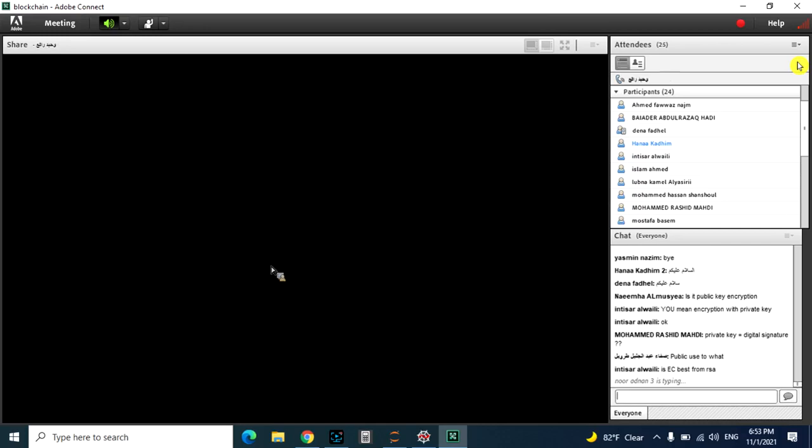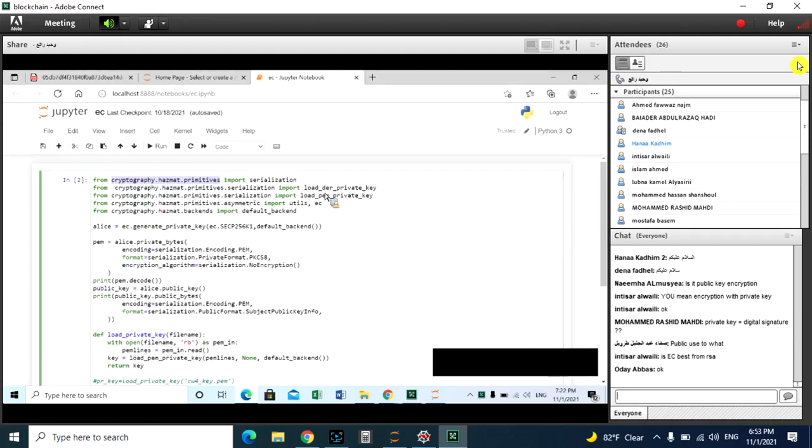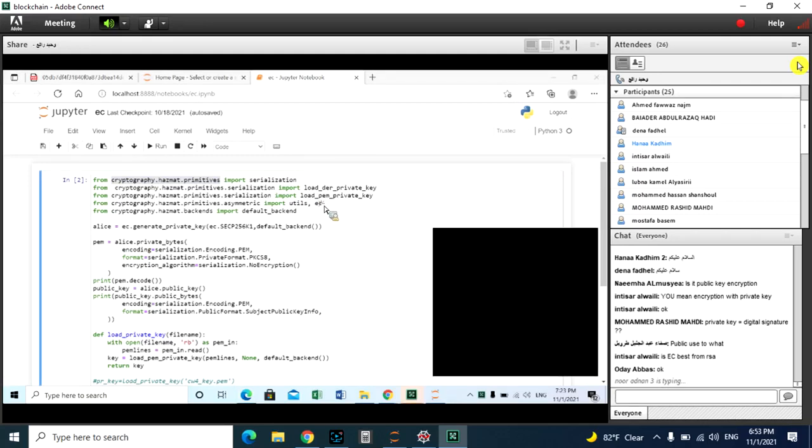Using this library, you can generate public and private keys in Python. We need serialization. We need DER format, so we should import load DER private key. We should also load PEM key like RSA.